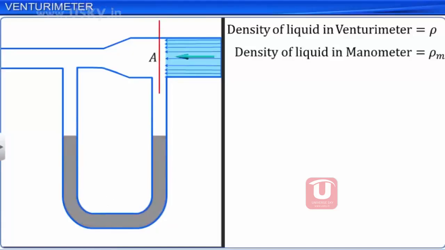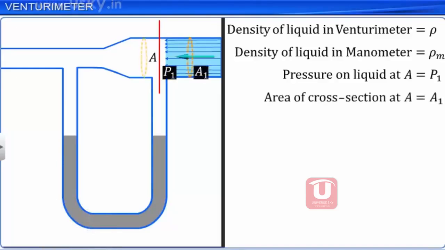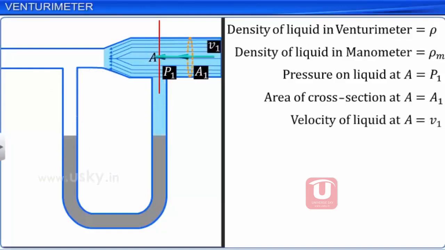Consider a point A on the venturimeter tube, where the diameter is larger. Let P1 be the pressure on the liquid, A1 be the area of cross-section, and V1 be the velocity of the liquid at A. As the liquid heads for the constriction, the area of the cross-section of the tube decreases, and hence its velocity increases, decreasing the pressure therein.